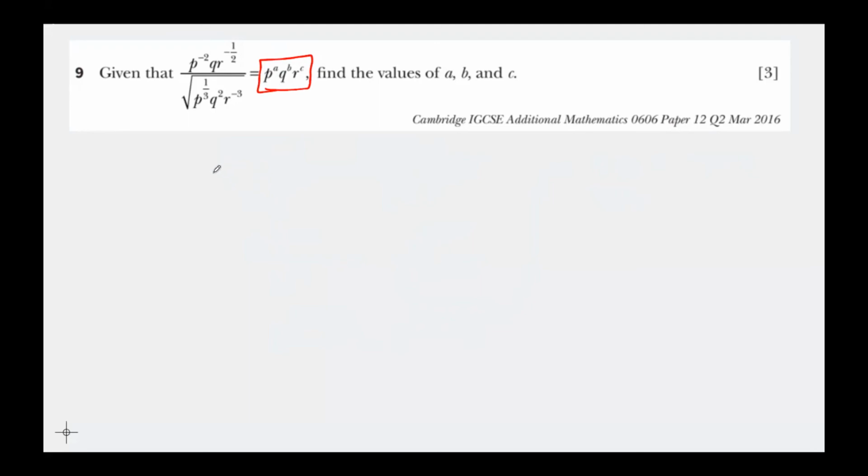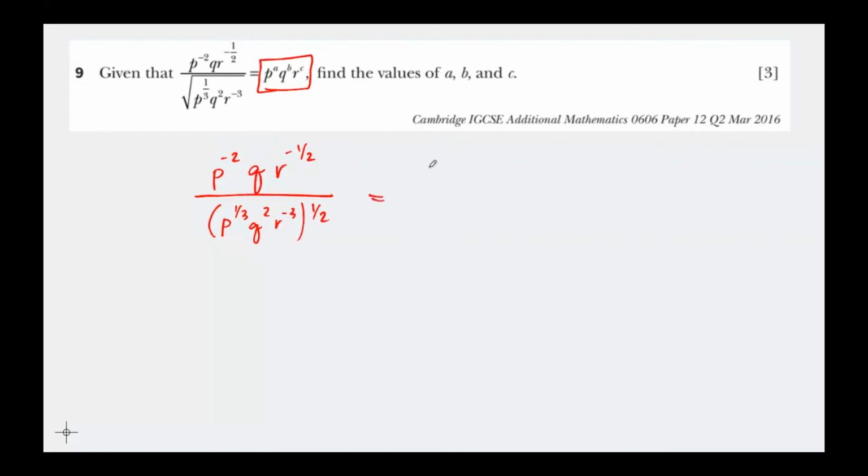So therefore, this is P to the power of negative 2, Q, R to the power of negative 1 over 2, divided by, because this is a square root, in other words, if it's only a square root, it means the whole expression in your denominator is raised to positive 1 over 2.